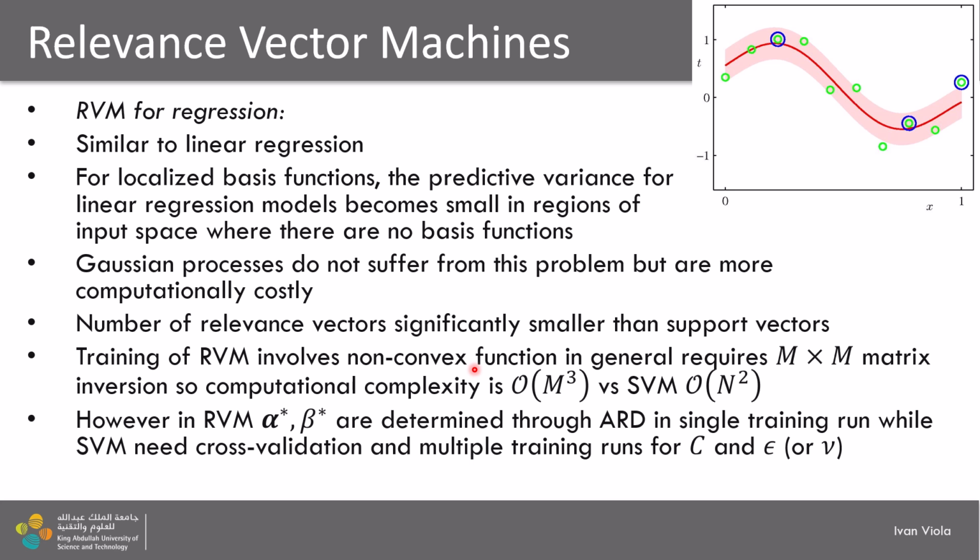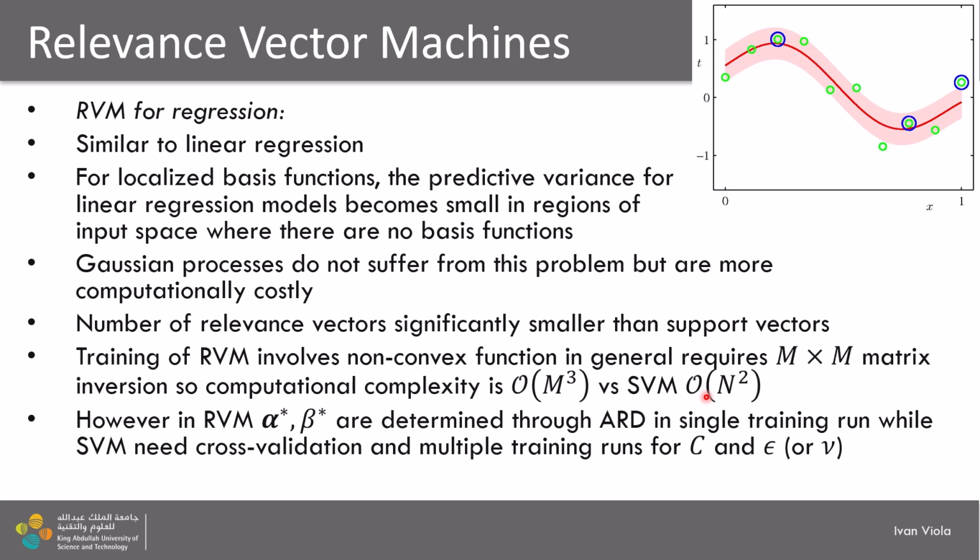Therefore, this generally requires an m times m matrix inversion, so the computational complexity is O of m cubed, compared to the support vector machines, which generally have quadratic computational complexity.